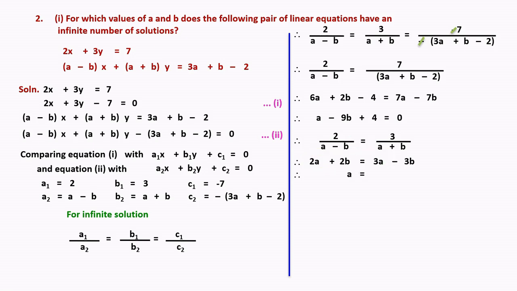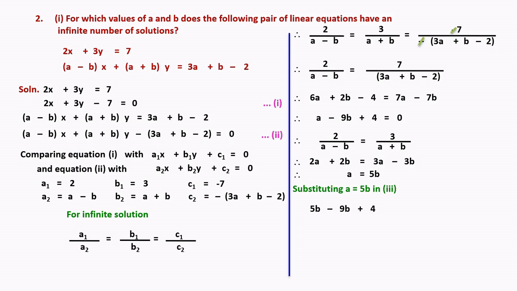This gives 2a plus 2b equals 3a minus 3b. Bring like terms together. 2a minus 3a plus 2b plus 3b equals 0. So, minus a plus 5b equals 0. Therefore, a equals 5b.